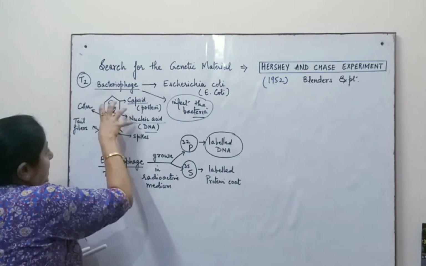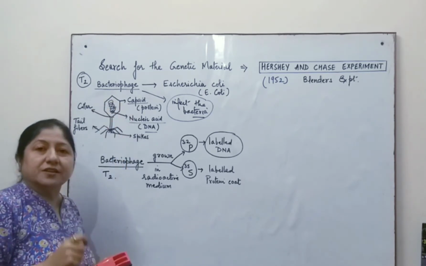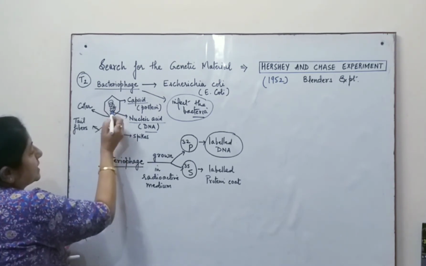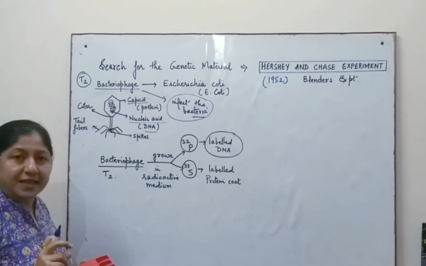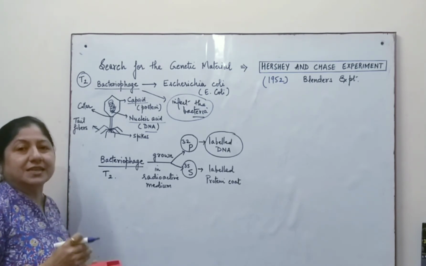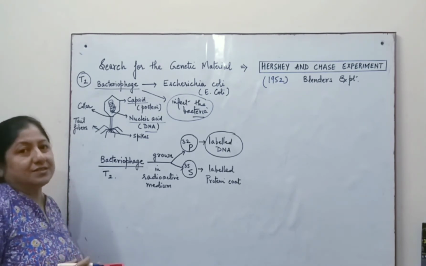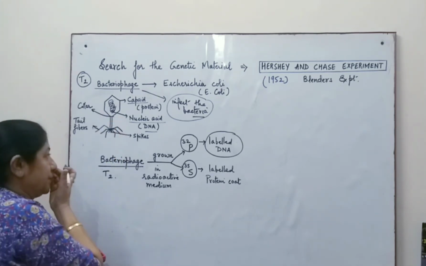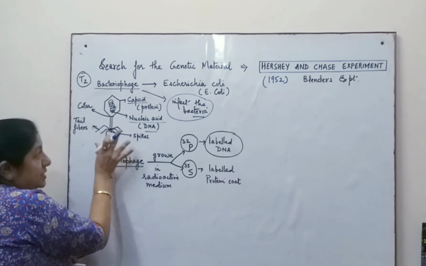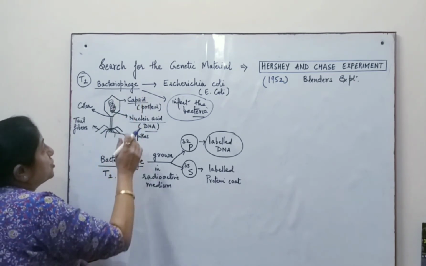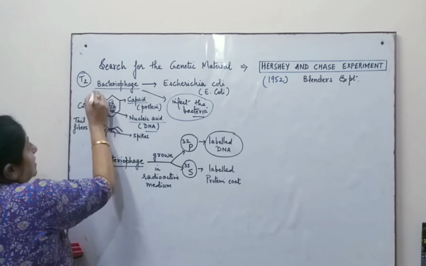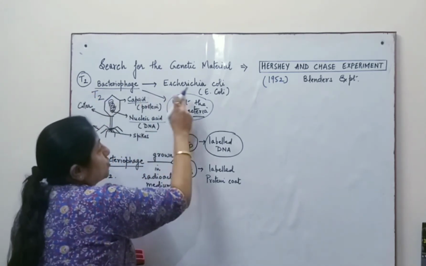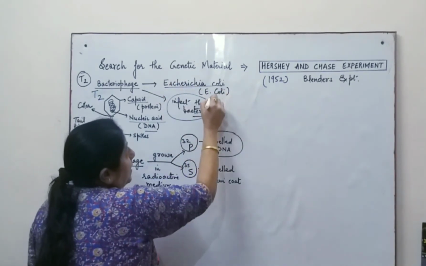Now, when this bacteriophage attaches itself to the bacteria, it will transfer its genetic material inside the bacterial cell, and the bacterial cell DNA will be modified, and as a result, the virus takes over the bacteria. Using this principle, Hershey and Chase used the T2 bacteriophage to infect E. coli bacteria.